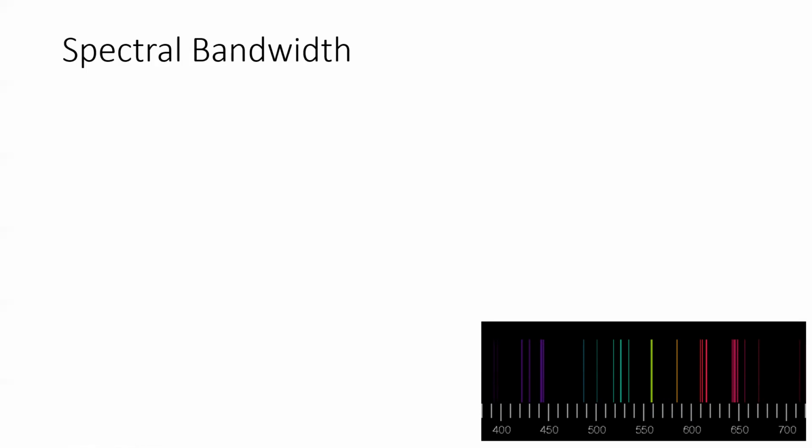And so it shows us the line width of each of these lines. If you look, even though they're all very narrow, they're not all exactly the same, right? There are a few of them that seem to be a bit narrower, a few of them that seem to be a bit broader. And so even though we talk about these transitions as being infinitely narrow, some of them do have a little bit more bandwidth than others, right? Some of these transitions occupy a little bit more of that wavelength space than others do.